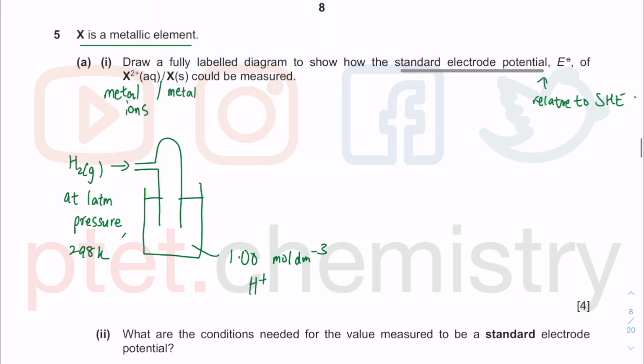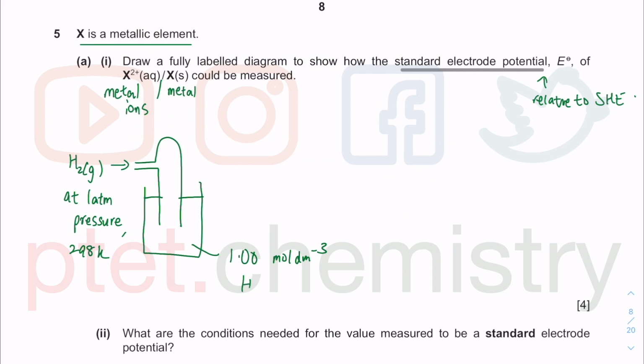I could use HCl for instance, but not H2SO4, because 1.00 mole per dm cube H2SO4 will give you 2 times H plus ions. You want the H plus ion to be 1.00 mole per dm cube. Like I said, HCl is okay, HNO3 is okay. H2SO4 is not okay because you will not have 1.00 mole per dm cube H plus.